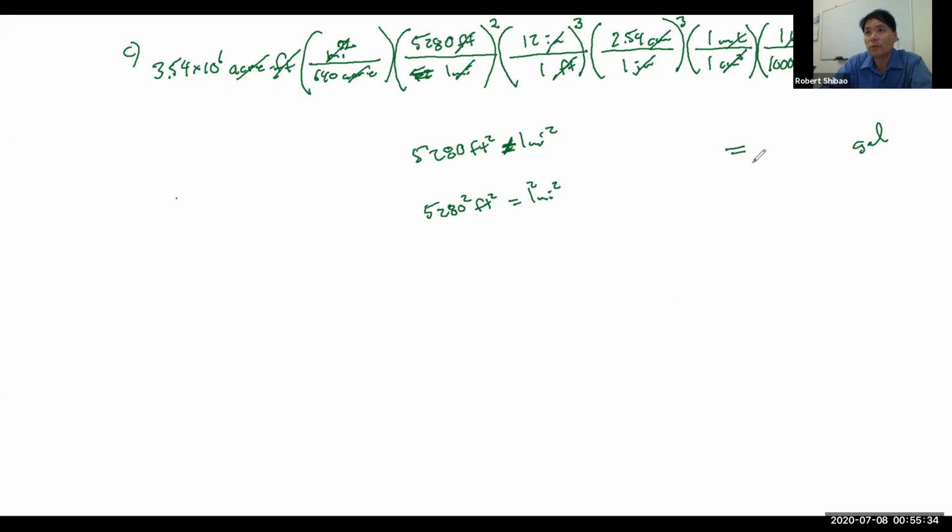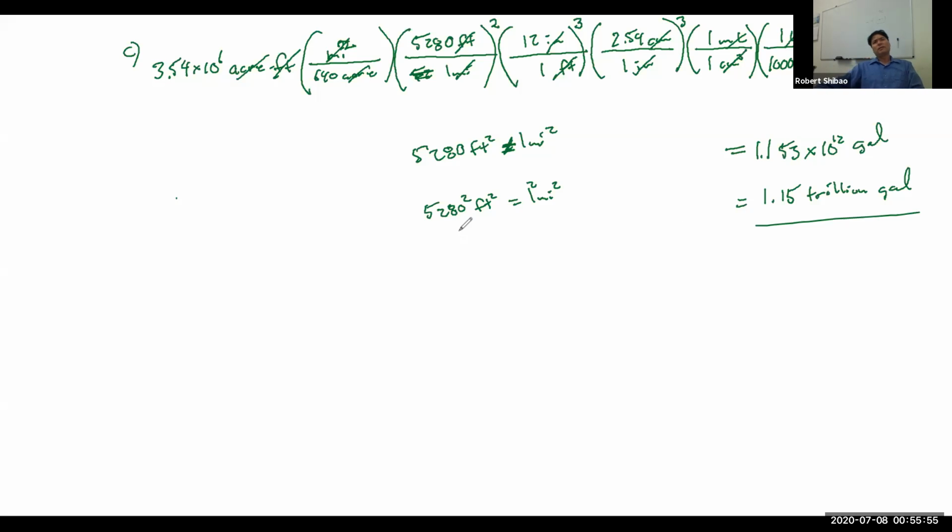And I get 1.1 trillion gallons, 1.153 times 10 to the 12 gallons. So it's 3 sig figs, so 1.15 trillion gallons of water, lake water. Excuse me.